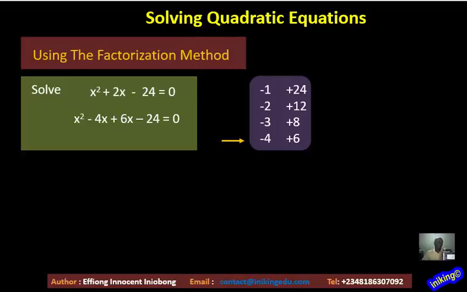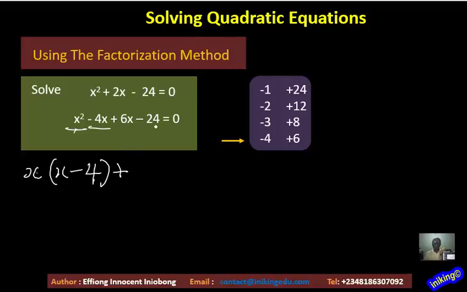So now we can start factorizing, looking at x squared and minus 4x. x is common, so I take my x out, open the bracket. x squared divided by x will give me x. Minus 4x divided by x will give us minus 4. We'll close that conveniently.